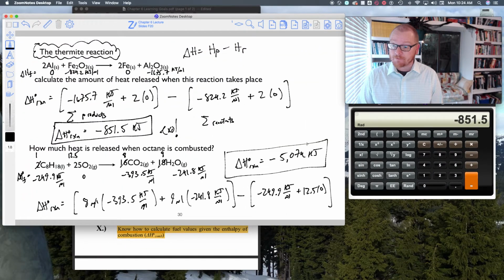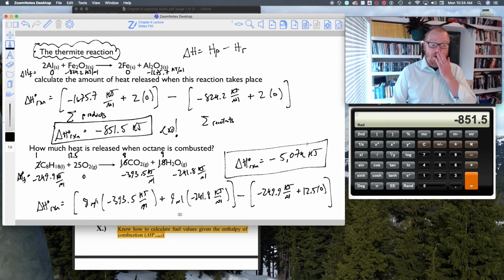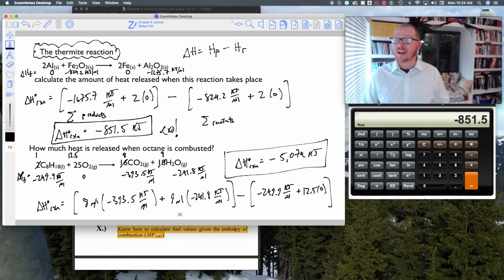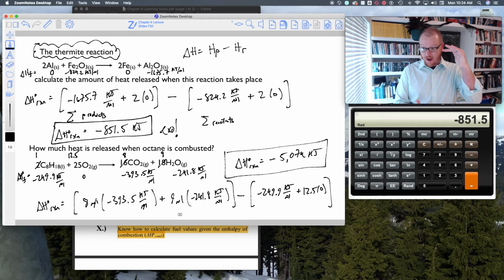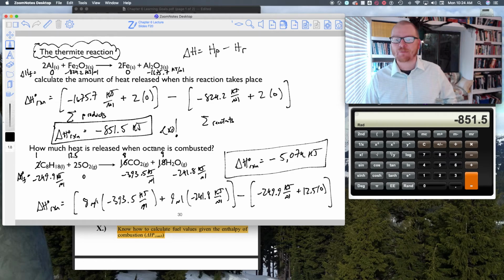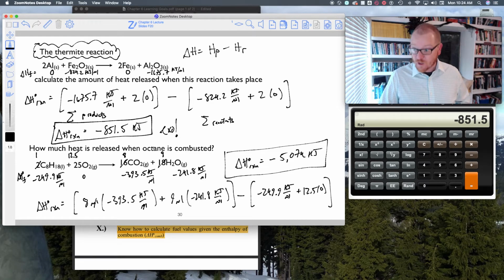That's crazy, right? If we were to combust 1 mole of liquid octane, which is actually quite a bit, we would get more than 5 times the amount of heat released. And the thermite reaction is classified as an extremely exothermic reaction.